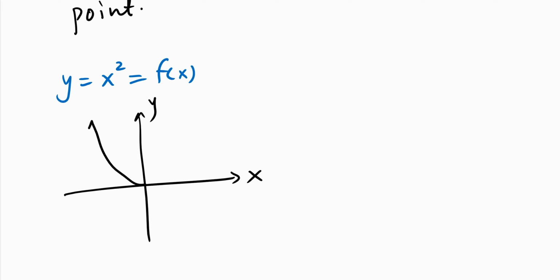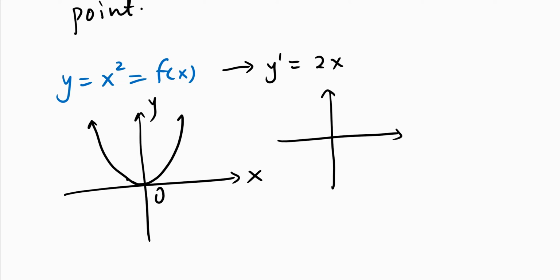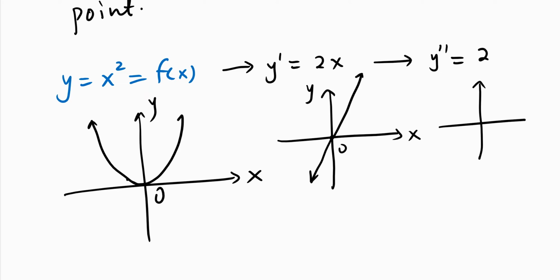It's the parabola that goes through the origin like so. Now, if I find its derivative, what do I get? 2x, right? So how is the graph going to look? X 0, 0, so it's going to go like this. If I find the second derivative for this, which is going to be 2, how is the graph going to look? Y equals 2.